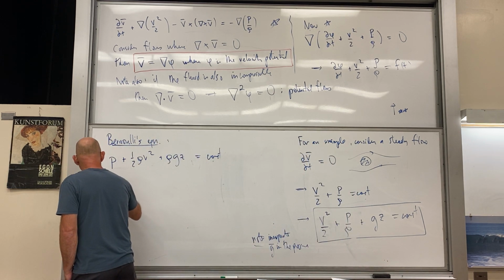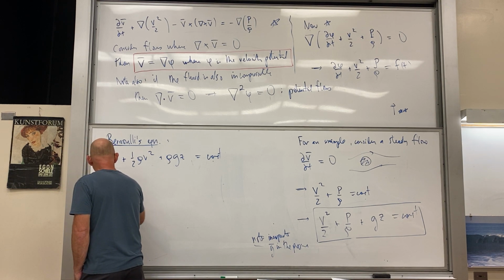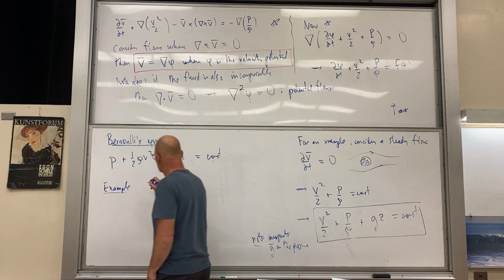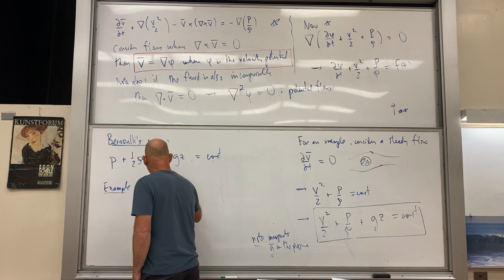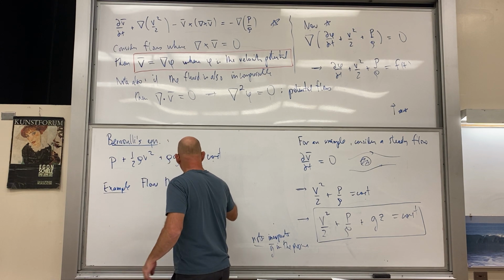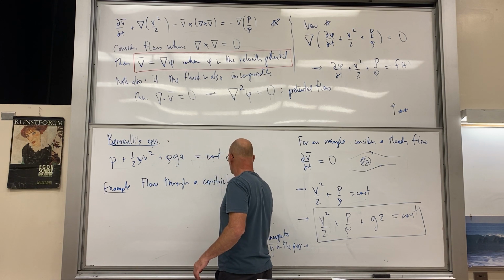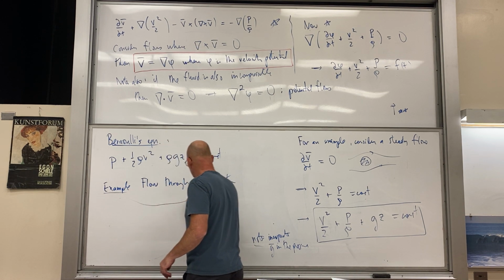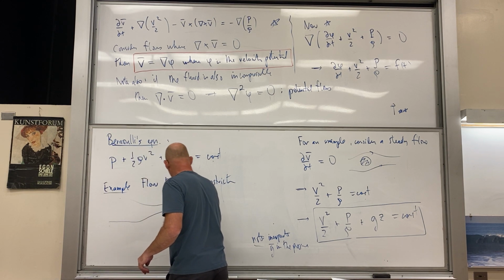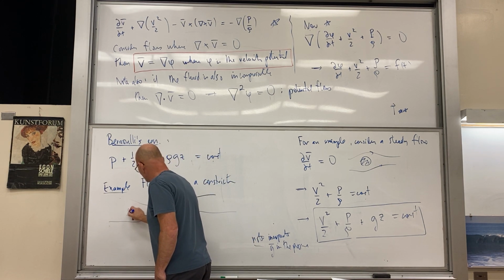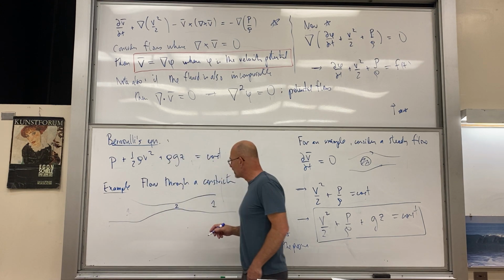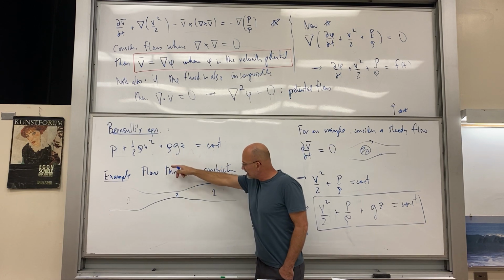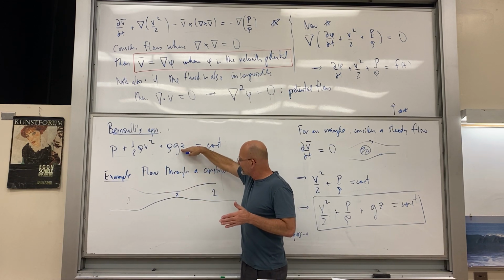Example: a great example is the flow through a constriction. You can think of a pipe with a constriction. This is 1, this is 2, this is back to 1 again. And you're going to say, okay, the z is constant. It's pretty poorly drawn, but okay. The z is constant here.